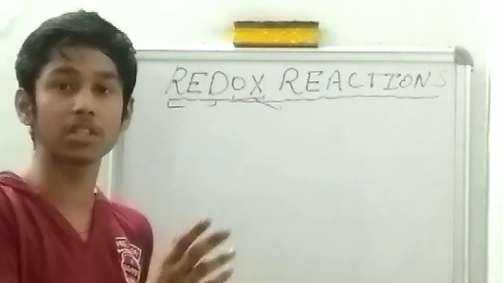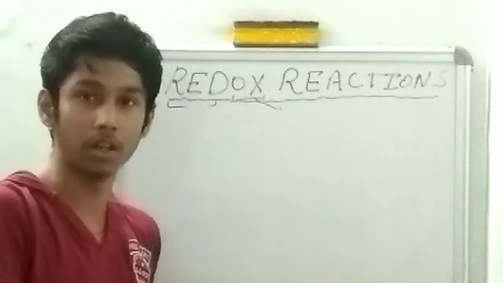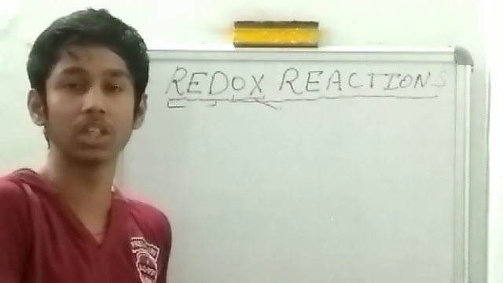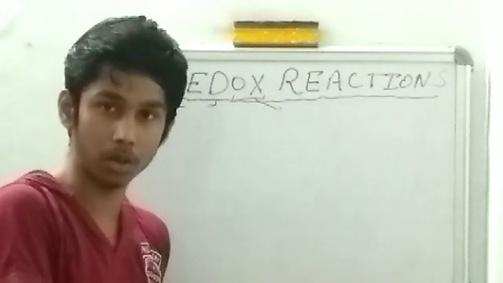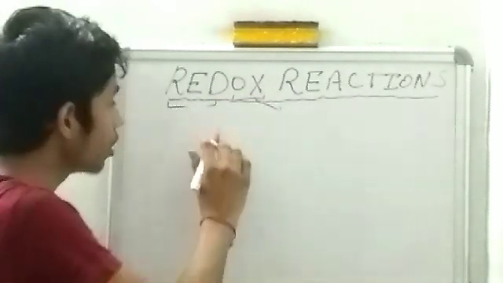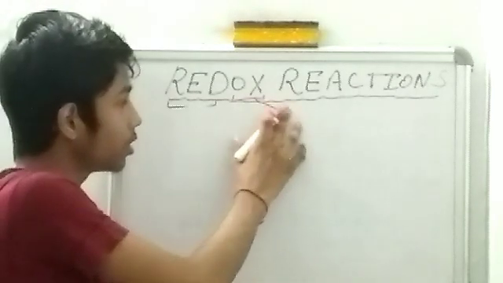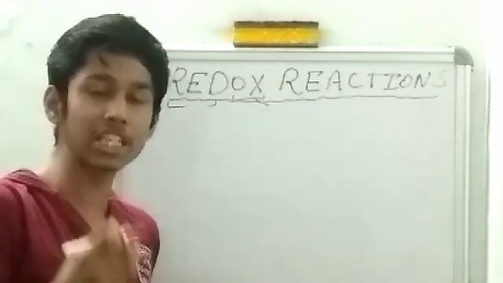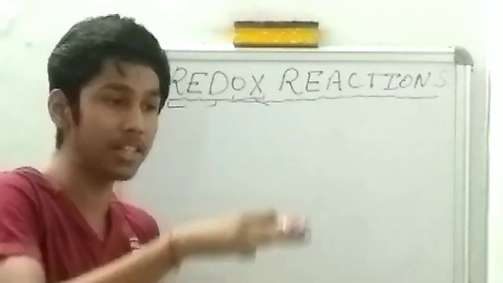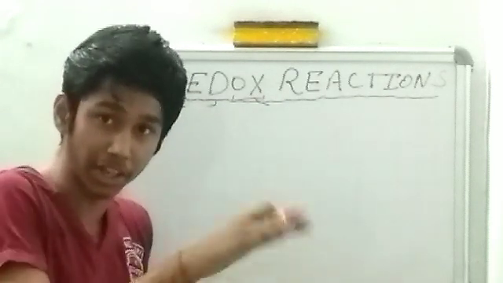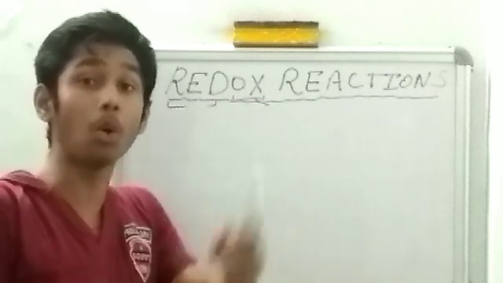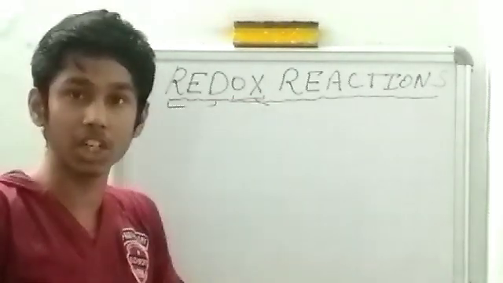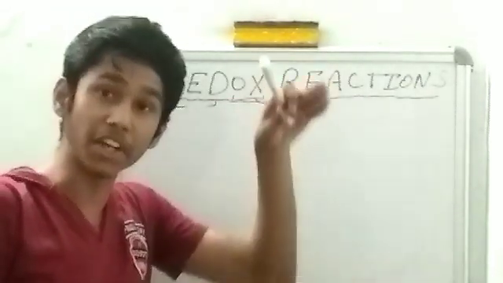And whenever a substance reduces in the redox reaction, its oxidation number always decreases. Okay, you can always remember it like this: reduction means reduce, and the oxidation number also reduces. Whenever reduction occurs, oxidation number always reduces.